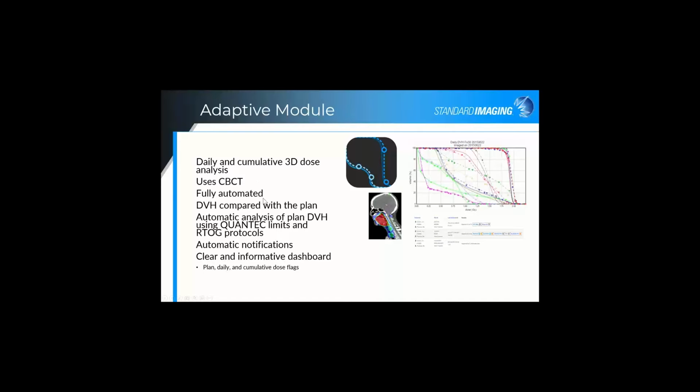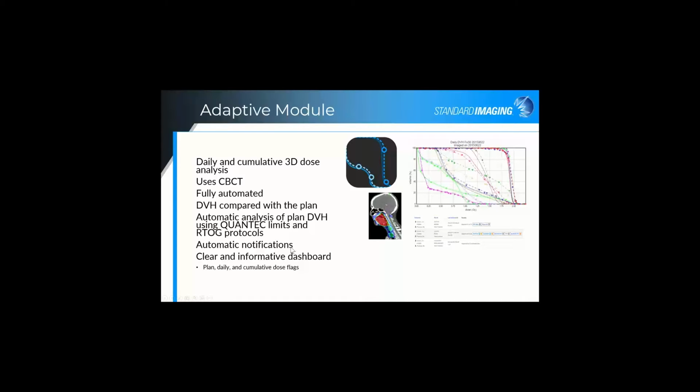It's a fully automated process. The DVH is compared with the planned DVH, and we also have defaults in for the RTOG protocols and constraint limits so that you can use those, or of course you can input your own analysis and comparisons that you would like to perform based on the DVH.